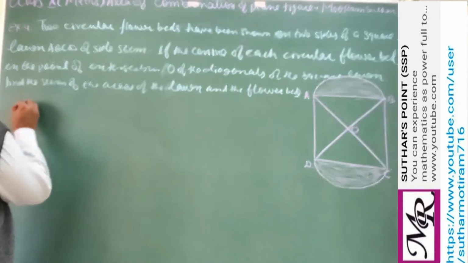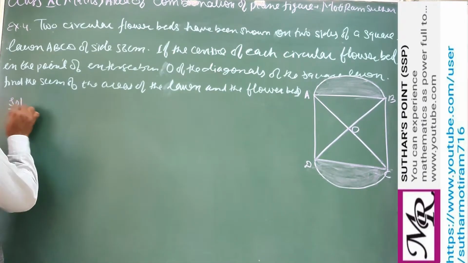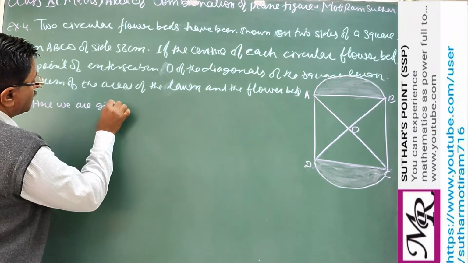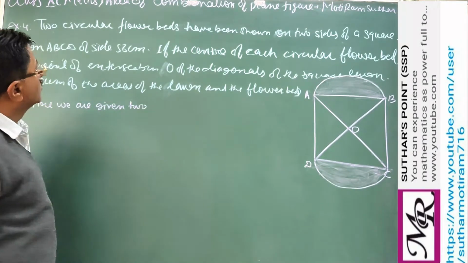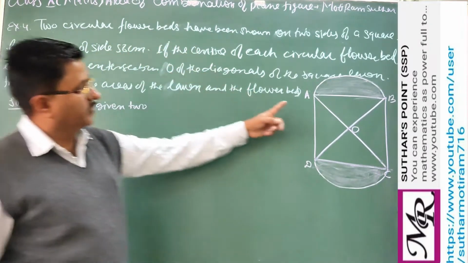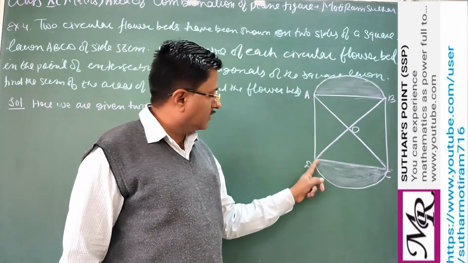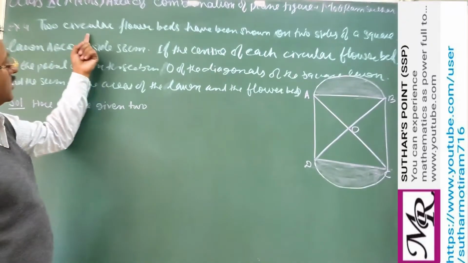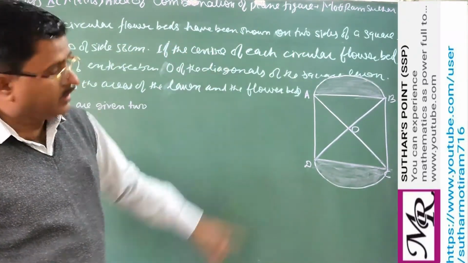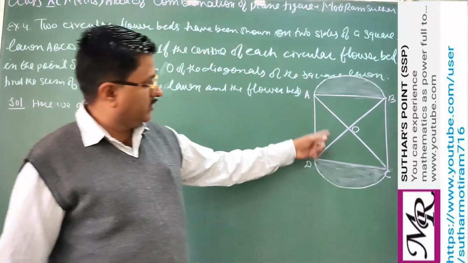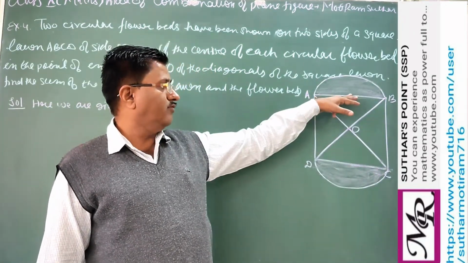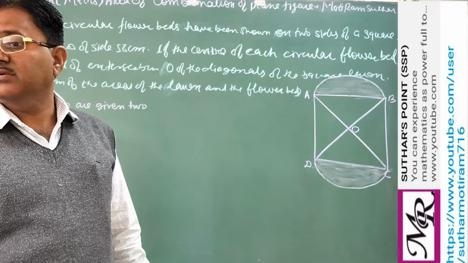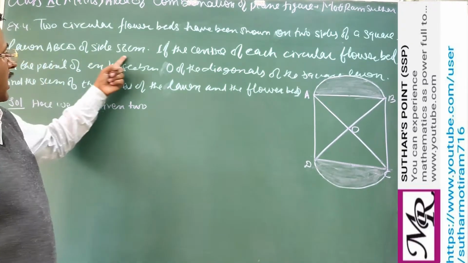So in the solution, what we write: here we are given two circular flower beds, meaning this is in the form of a circle. Some part we have shown, the other will be inside this one. So two circular flower beds on two sides of a square. ABCD is a square of which two sides are given.